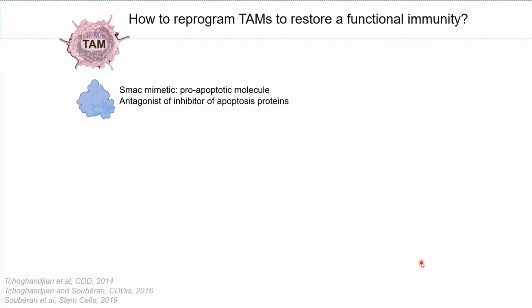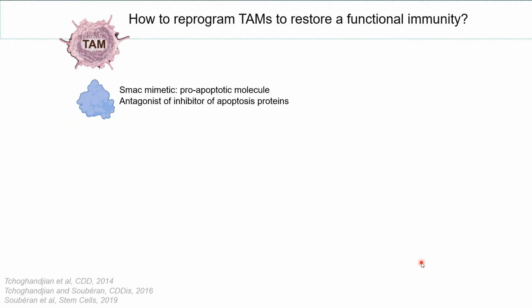So how to reprogram the TAMs to restore a functional immunity? To do so, in the lab, we use Smac mimetic. Smac mimetic is a pro-apoptotic molecule. It's an antagonist or inhibitor of apoptosis proteins.